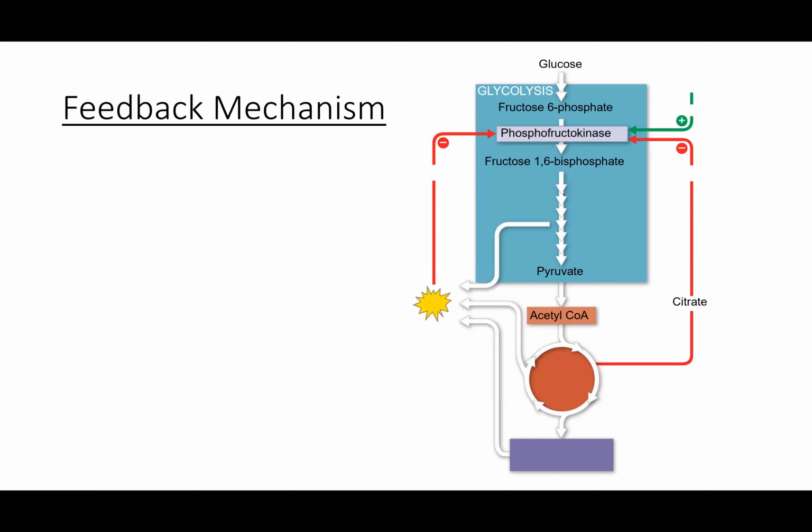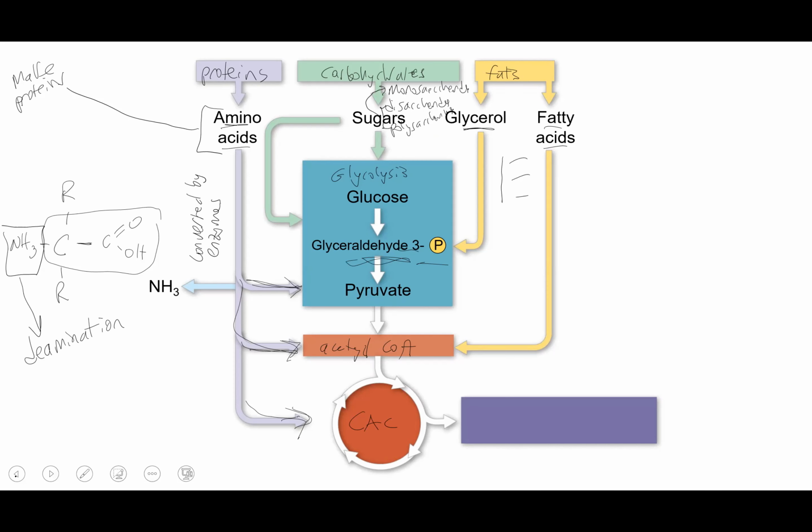The fatty acids are actually oxidized through a process called beta oxidation. And this turns them into two carbon molecules, which can be turned into acetyl-CoAs.